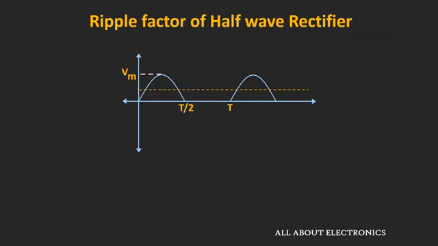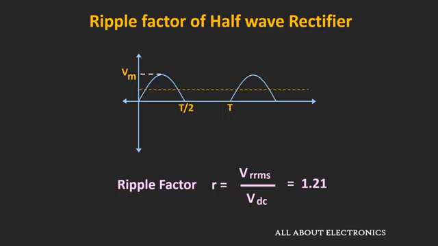This periodic AC variation on top of the DC voltage is known as the ripple. How well the rectifier circuit is able to suppress this ripple is usually defined by the term known as ripple factor. For any rectifier, this ripple factor should be as small as possible. It is defined as the ratio of RMS value of the ripple in the waveform to the DC or average value of the waveform.